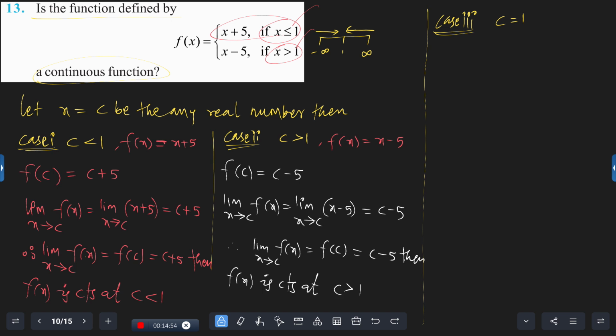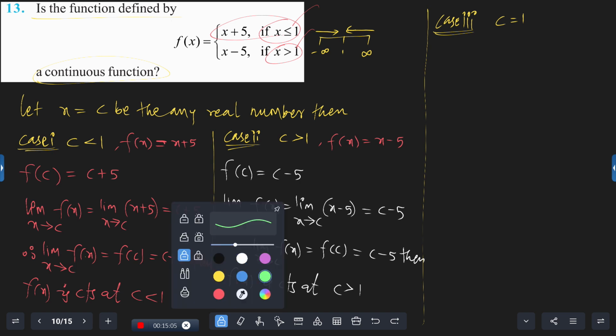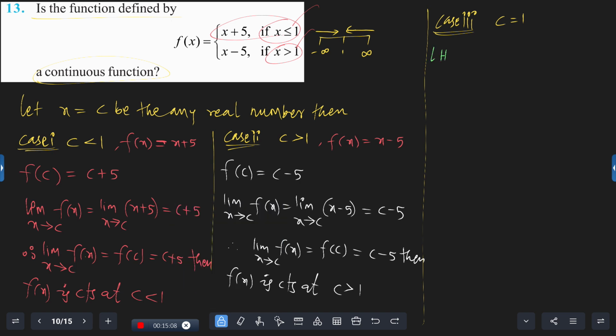Means 1 right side also continuous. So 1 left side continuous, 1 right side continuous. At the place of 1, what? Let's see. That is C equal to 1, in the sense left hand limit we can take. So limit x tends to 1 minus, 1 left side, means less than 1.